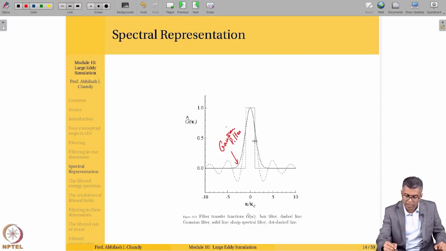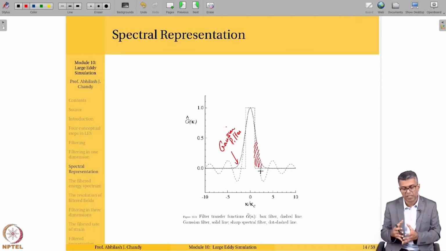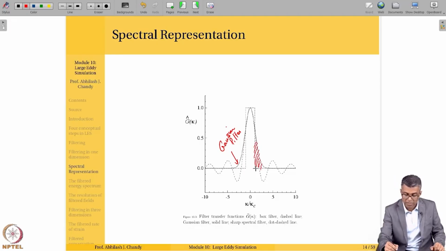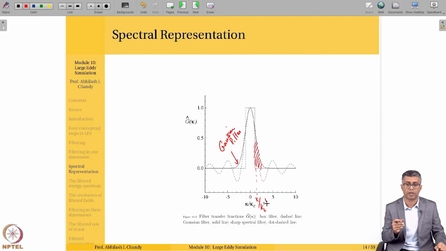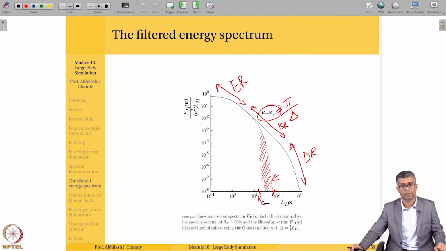And as you can see, there are some wave numbers that it is still considering beyond that kappa c, because this is your kappa c, kappa over kappa c equal to 1 here. That is your kappa c wave number. So slightly beyond 1 also, there are some wave numbers being considered. And that is what you're seeing in the filtered energy spectrum.